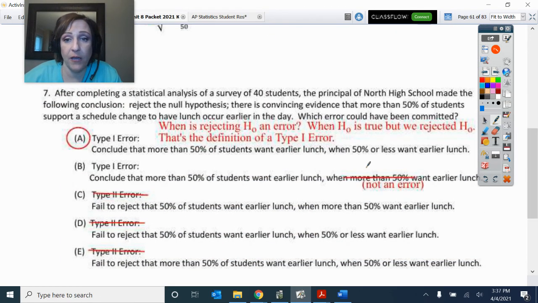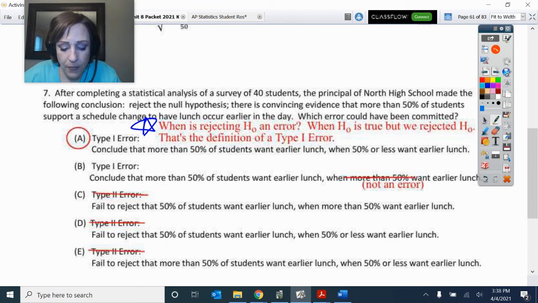All right, here we go. Here they're saying that they made the following conclusion: to reject the null hypothesis. So which error could have been committed? Think about it this way. You rejected the null. So when would rejecting the null hypothesis be an error?